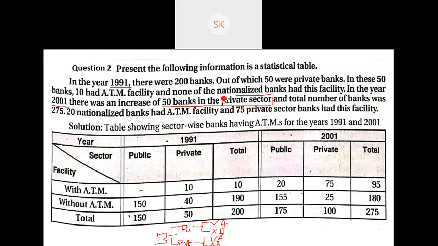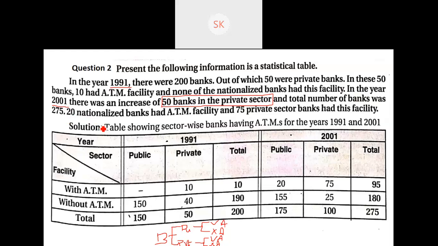So totally the banks went from 200 to 275. Okay. 20 nationalized banks had ATM facility and 75 private sector banks had this facility.